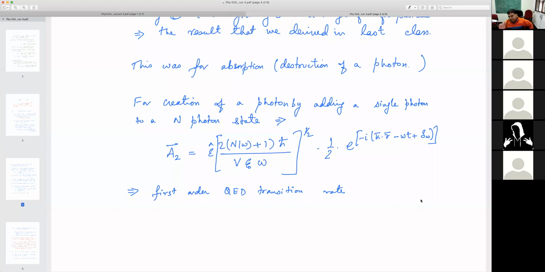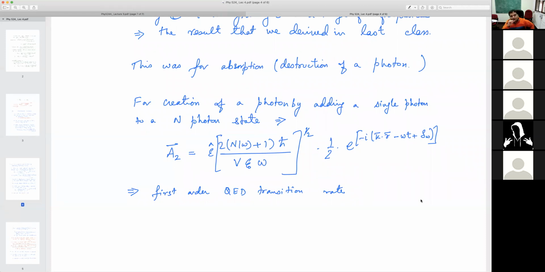Now let me take that a step further. To express it in words, the harmonic oscillator has a ground state, let's say, which is vacuum. Vacuum means I have zero excited states. Or let me put it another way.